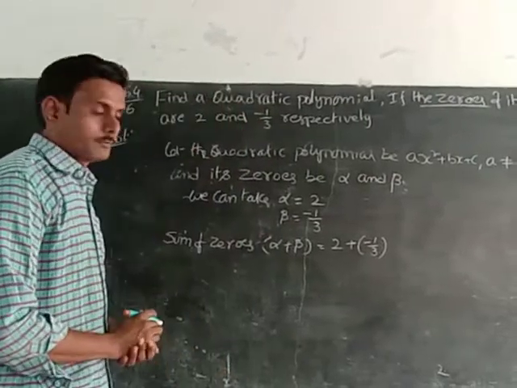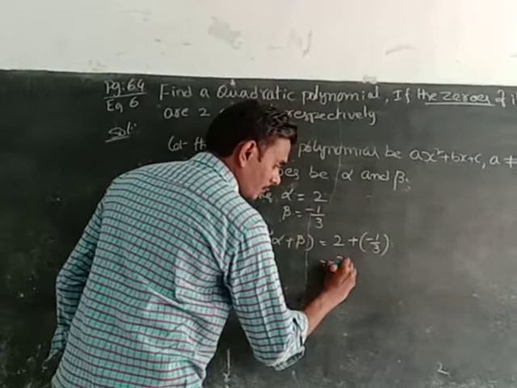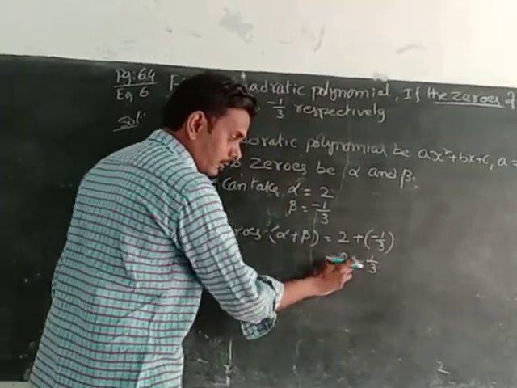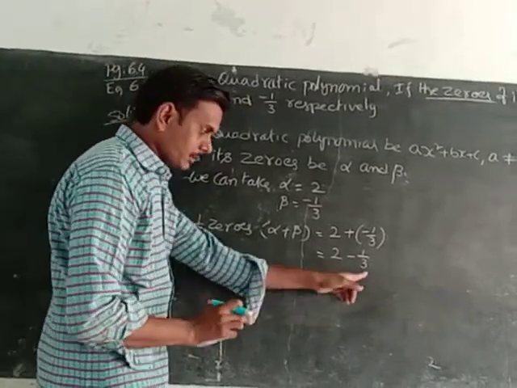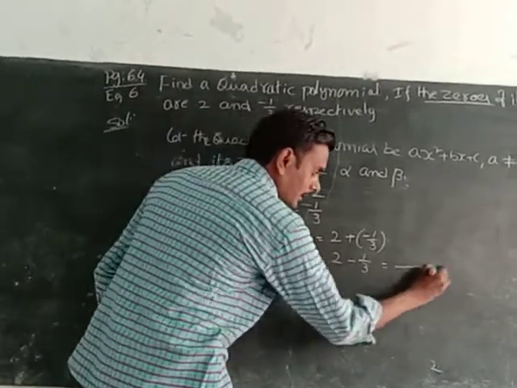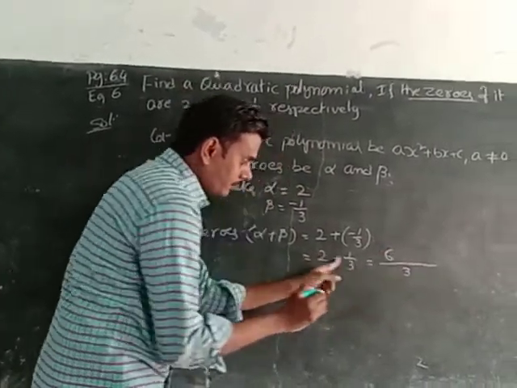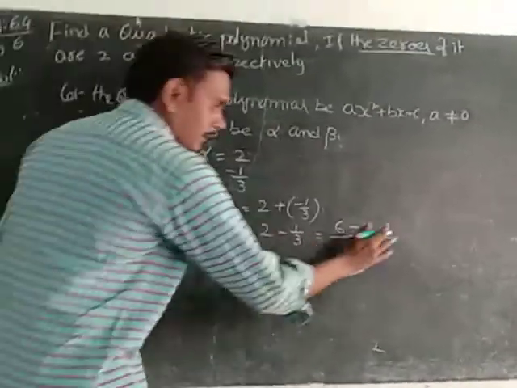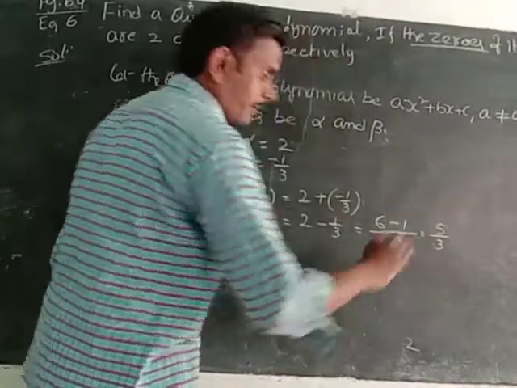Removing the bracket, plus into minus only, so 2 minus 1 by 3. Now we want to do LCM subtraction: cross multiply with the denominator 3. 3 twos are 6, minus 1. Subtracting 6 minus 1, we get 5 by 3.